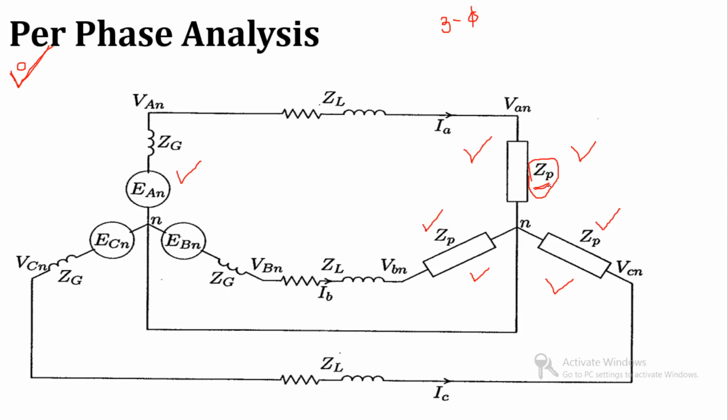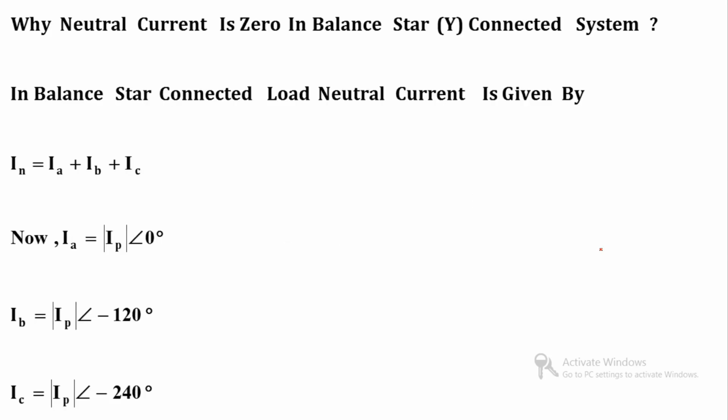Clear? So, on which basis can we say that the analysis of any one phase will be the same as the other two? To answer this, we have to answer a first question, and the answer of this question will give us the per phase analysis.